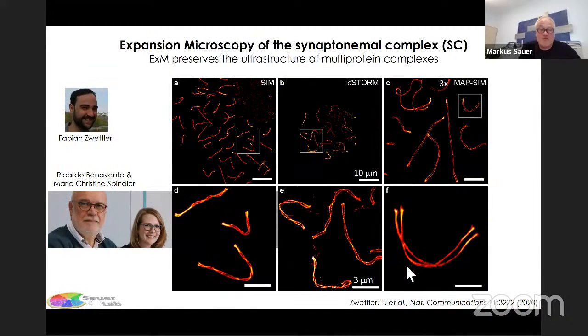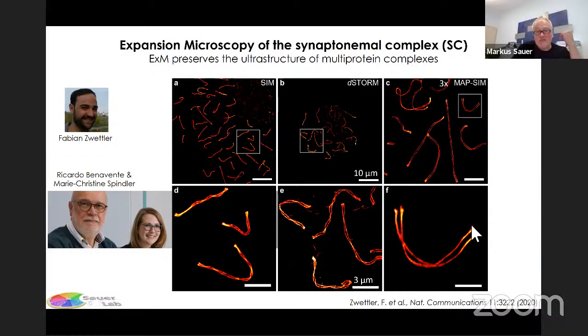Next step, because I have shown you synaptonemal complexes, we also did some comparisons. For example, here using just unexpanded synaptonemal complexes, which form these helical structures, by structured illumination in the middle, then by dSTORM, and on the right-hand side, a threefold post-labeling experiment with such a synaptonemal complex.